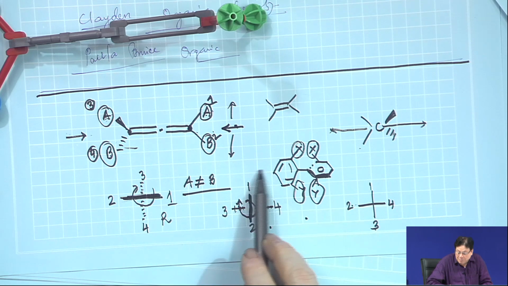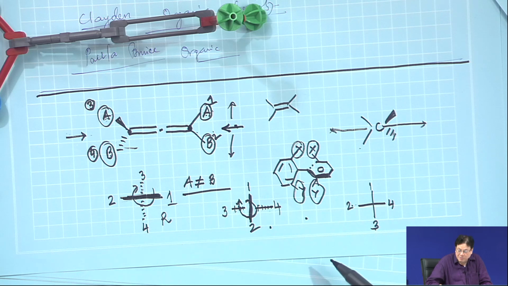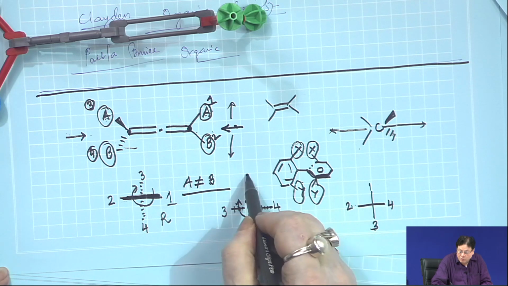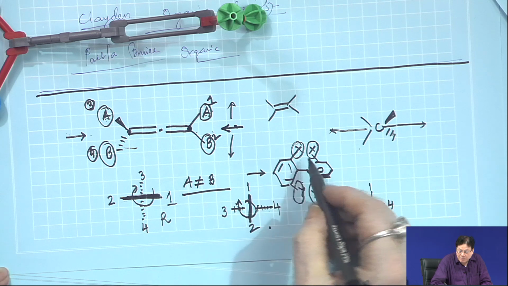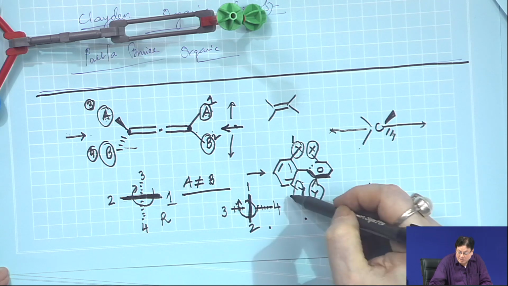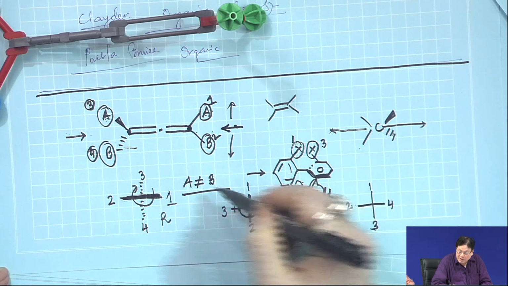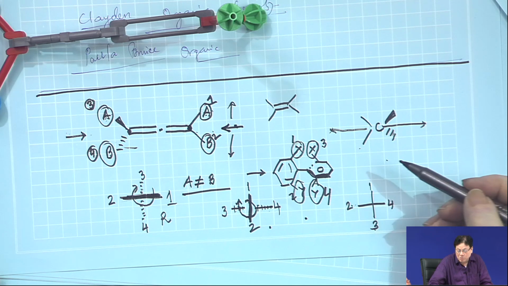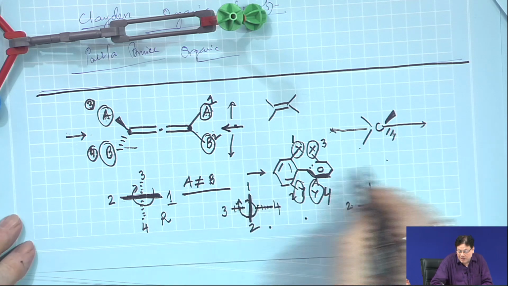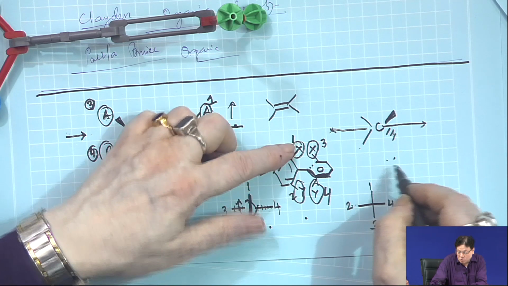The same thing happens here in biphenyl. When you look from this side, suppose this is 1, this is 2, this is 3 and that is 4. Whatever projection formula you write, if I see from there, this will go to my left.